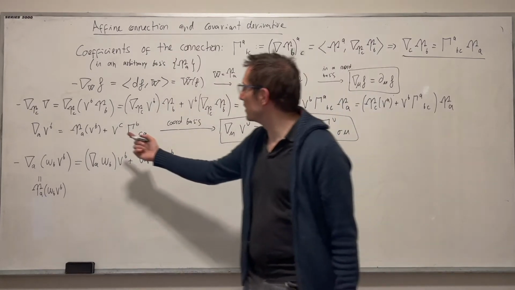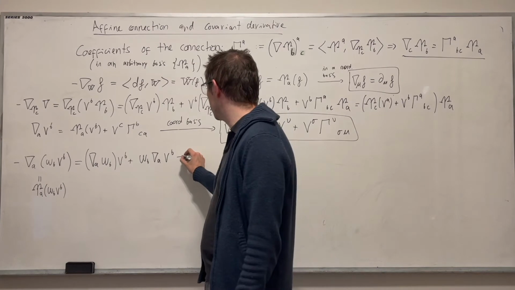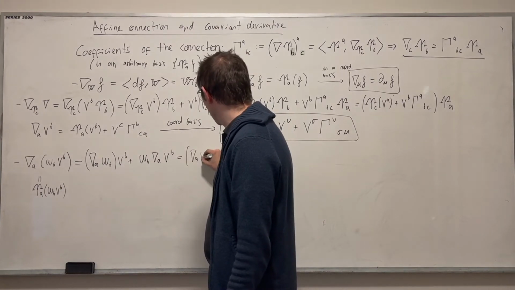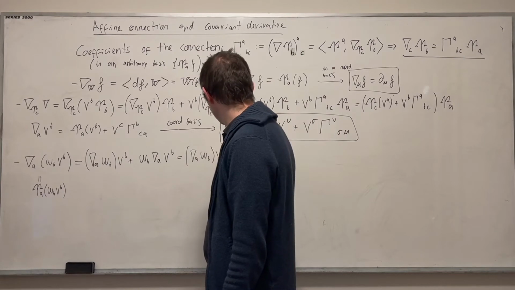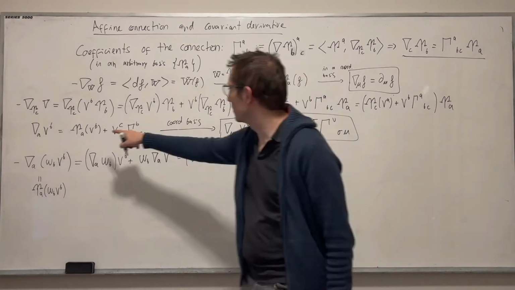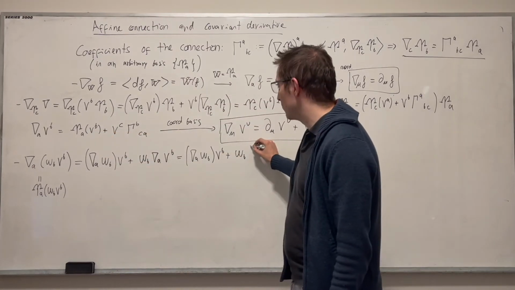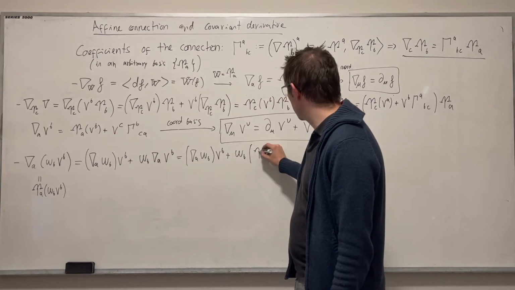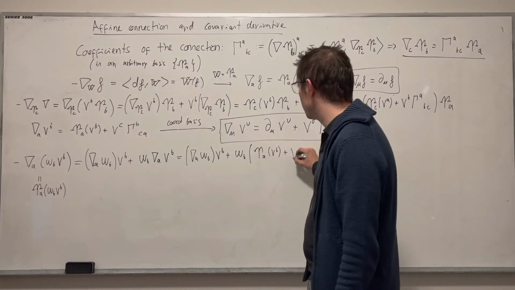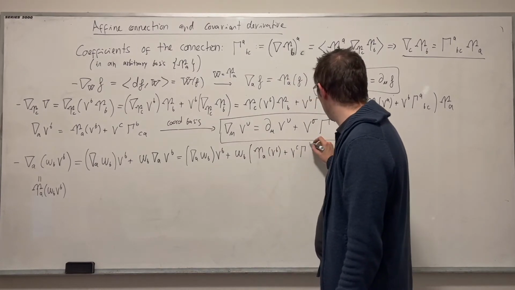I computed it. I have it right here. So I substitute, and I have nabla A omega B V B plus, and then substitute omega B times this, which is epsilon A V B plus V C gamma B C A.